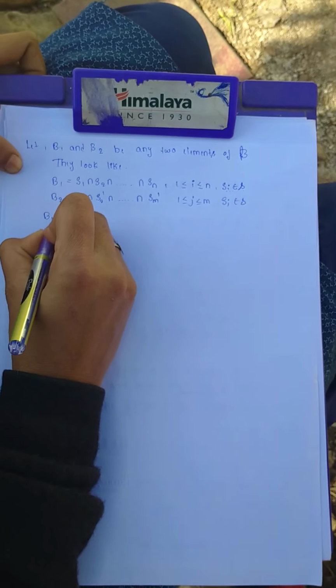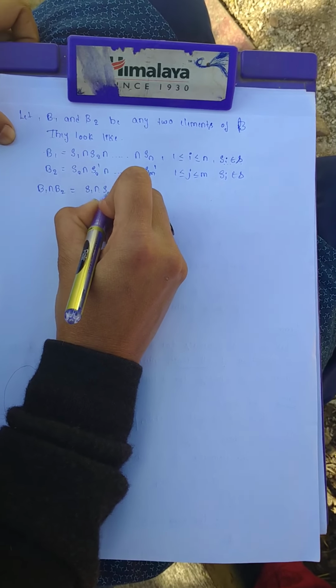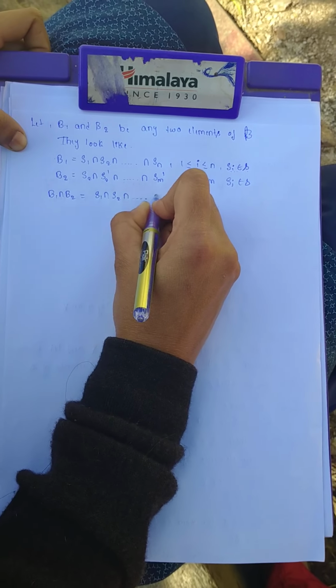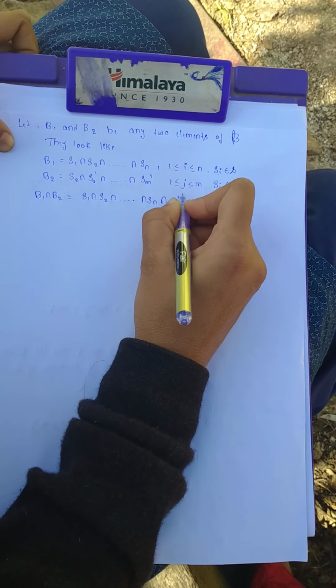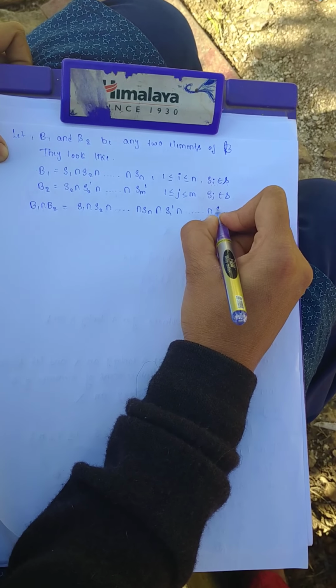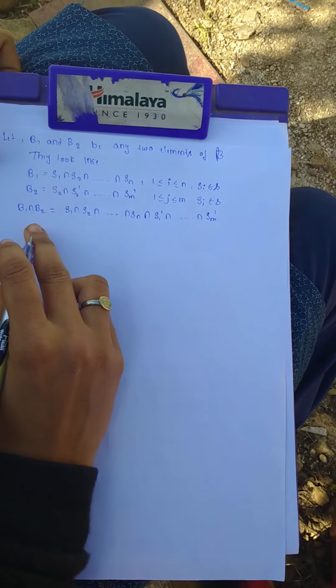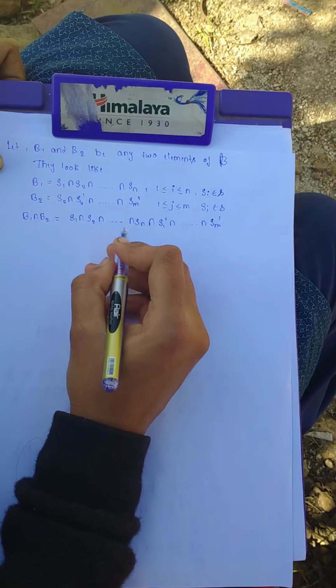Then B1 intersection B2 is equal to S1 intersection S2 intersection ... intersection Sn intersection S1' intersection ... intersection Sm'. Note that there are n plus m elements.